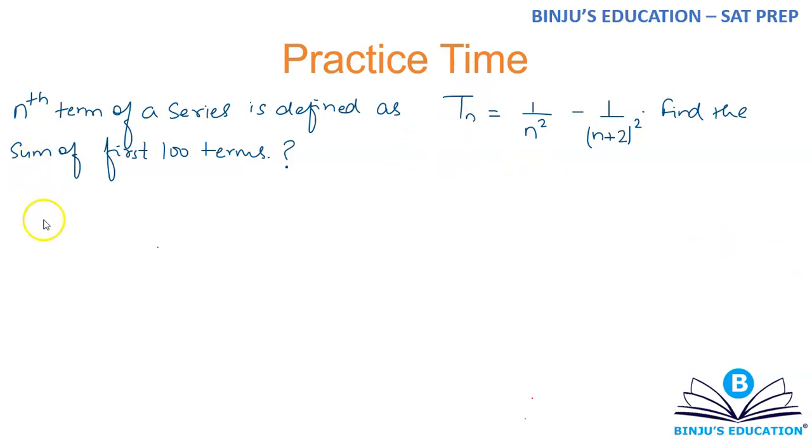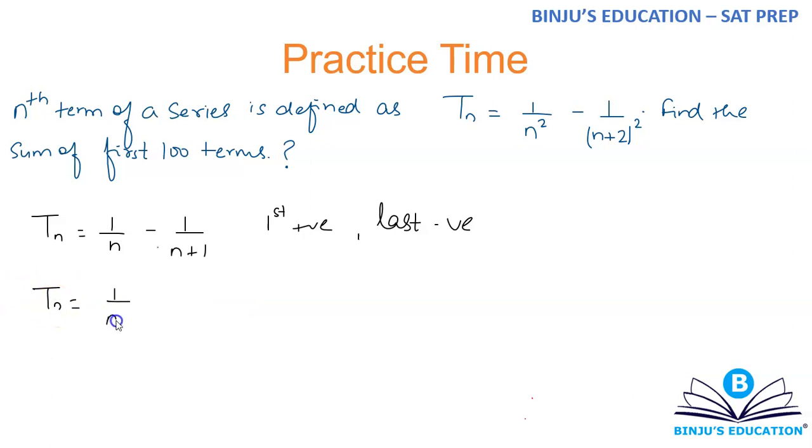When I gave you the first expression that Tn is equal to 1 over n minus 1 over n plus 1, we were left with the first positive and the last negative term, right? The first positive and the last negative term. When I gave you Tn is equal to 1 over n square minus 1 over n plus 2 square, then we were left with first two positives and last two negatives, right? We were left with first two positives and last two negatives.